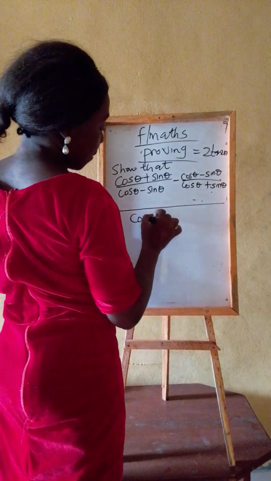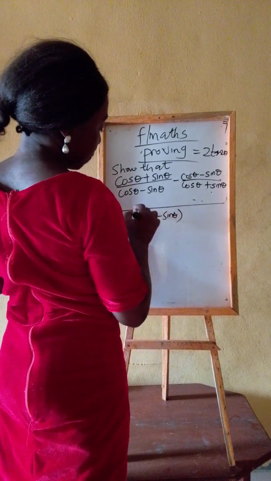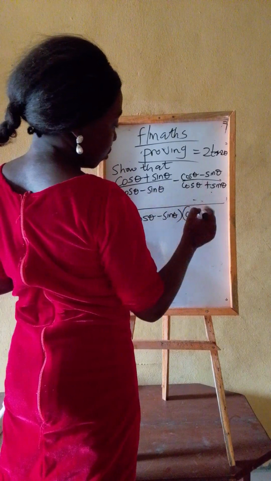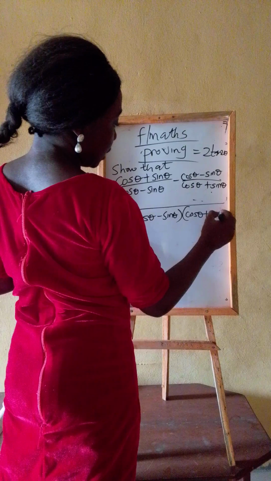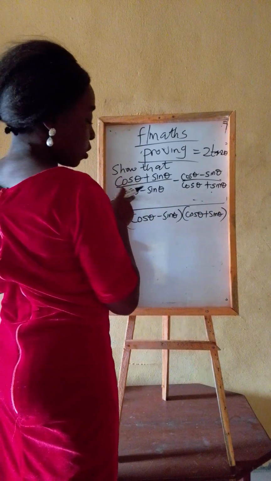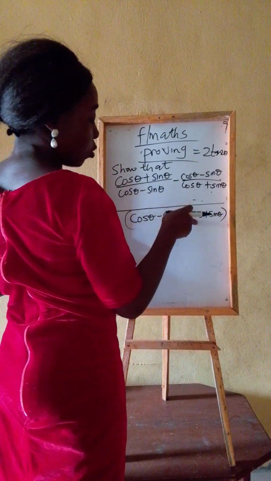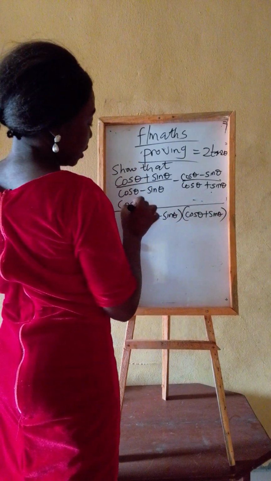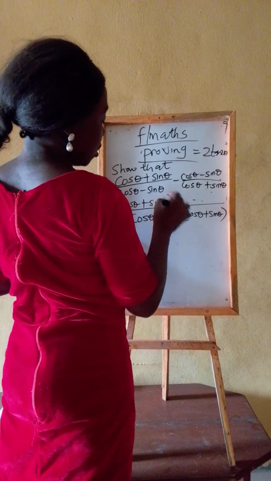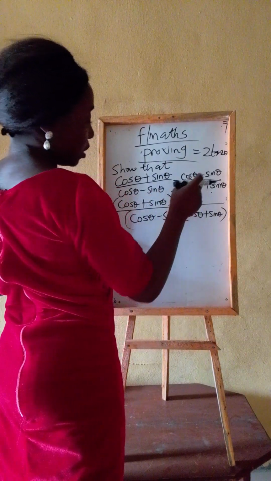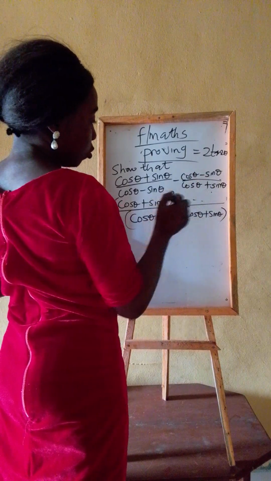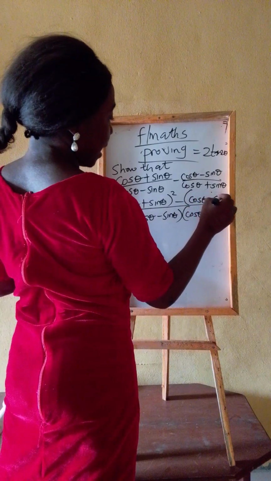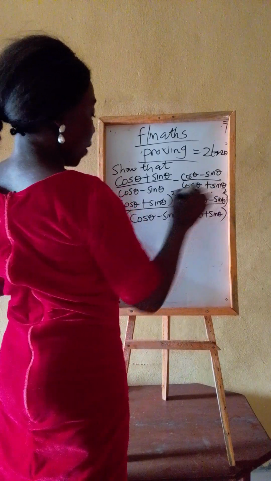We have cos theta minus sin theta. The LCM is cos theta minus sin theta times cos theta plus sin theta. So multiply by this: cos theta plus sin theta squared, minus the other one, cos theta minus sin theta squared.